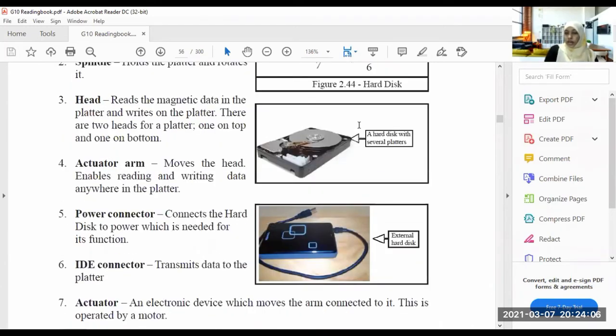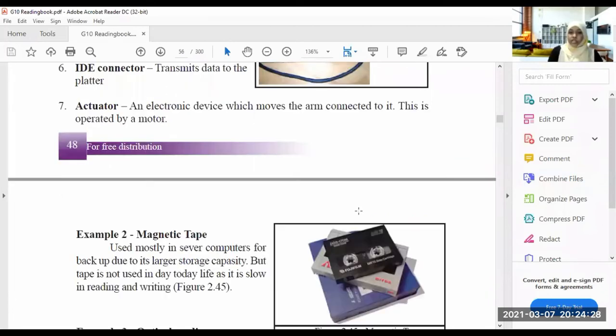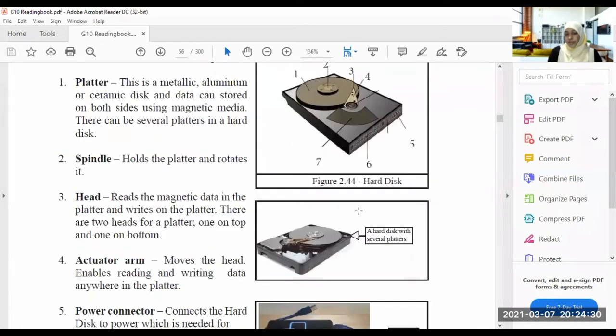An internal hard disk we can't take here and there and connect with whatever computer we want. But the external hard disk, we can use to transfer data and information and connect with any other computer device. So this is all about the hard disk.